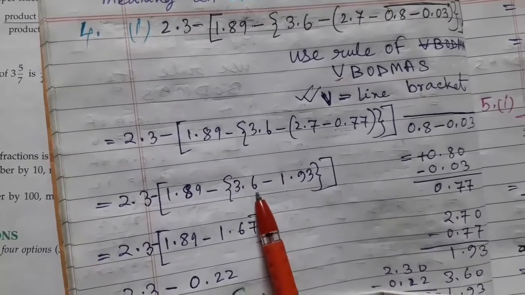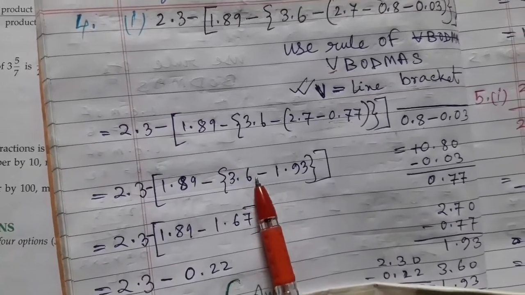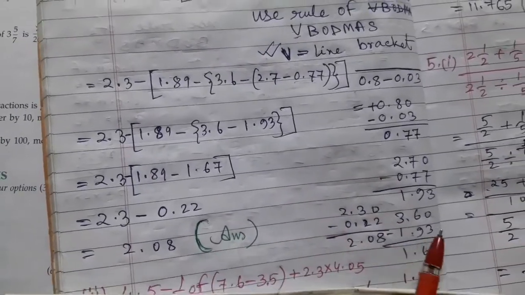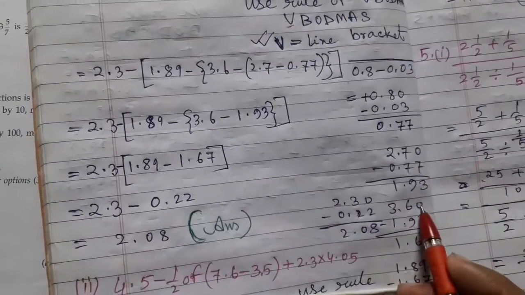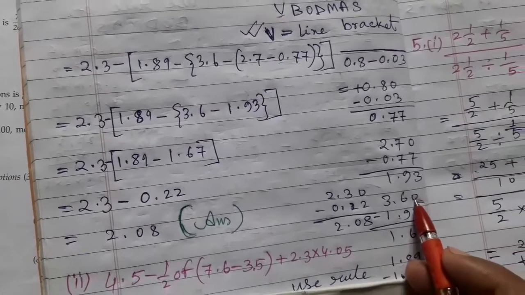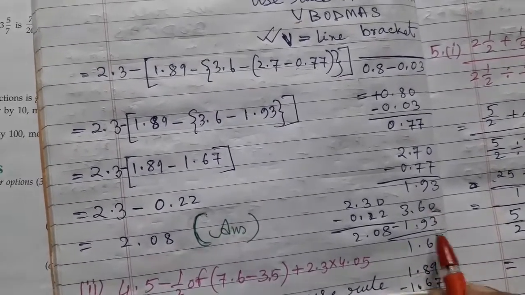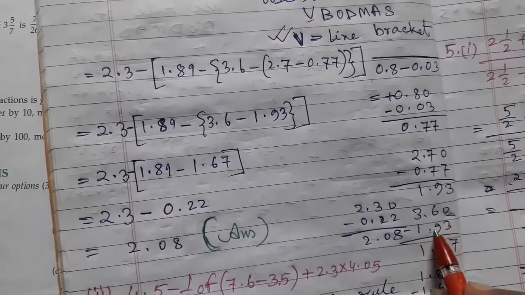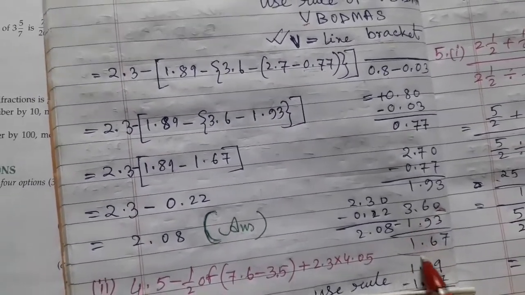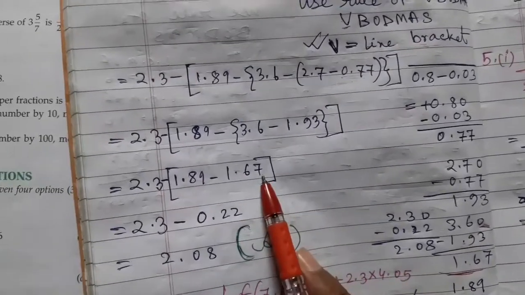After the decimal there is 1 place, we have to write 2 places, so we write a 0. 3.60 minus 1.93, 0 means 10. 10 minus 3 is 7, carry 1, 9 plus 1 is 10, 16 minus 10 is 6, carry 1, 1 plus 1 is 2, 3 minus 2 is 1. Okay, 1.67.